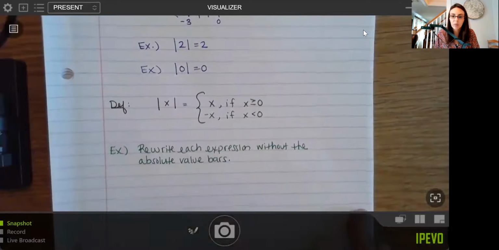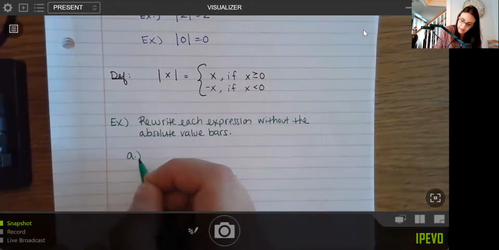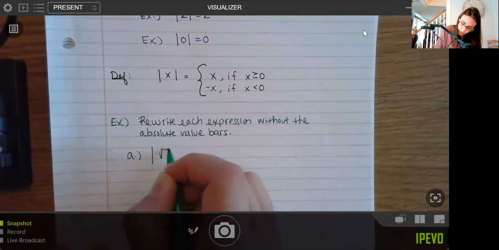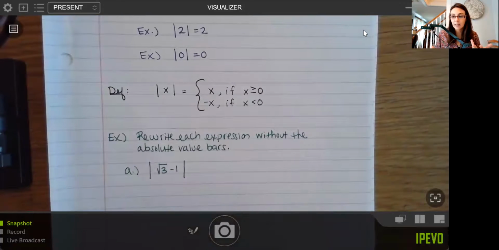So we're going to rewrite each expression without the absolute value bars. And the first one we're looking at is the absolute value of the square root of 3 minus 1. Now, you could obviously get the decimal approximation using your calculator here, but that's not really what they want you to do. They really want you to just leave the expression, but remove the absolute value bars.